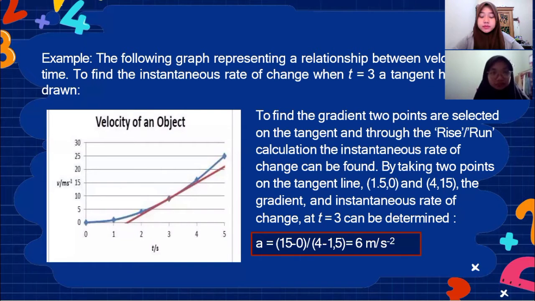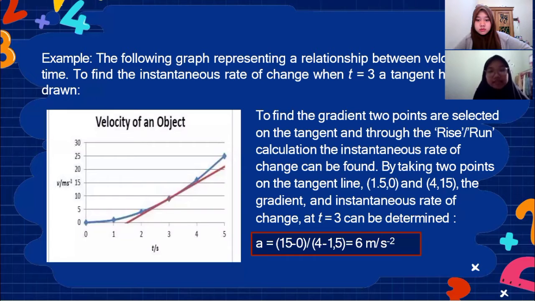Okay, from the data, we know that these are two points on the tangent line: 1.5, 0, and also the second one is 4, 15. The gradient and instantaneous rate of change at t equals 3 can be determined.